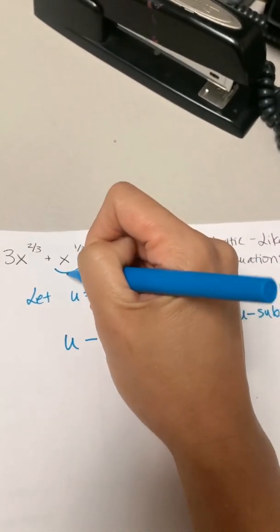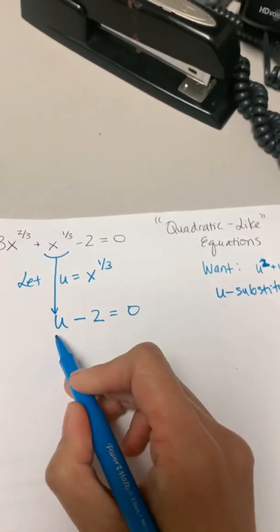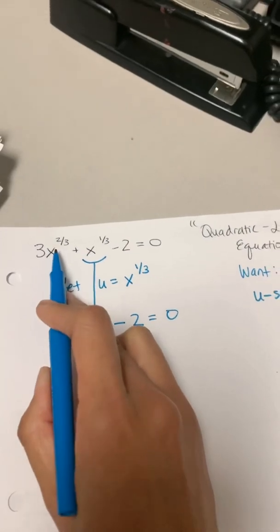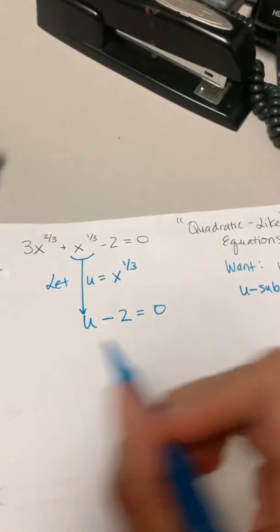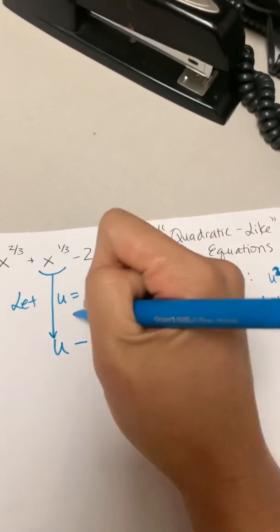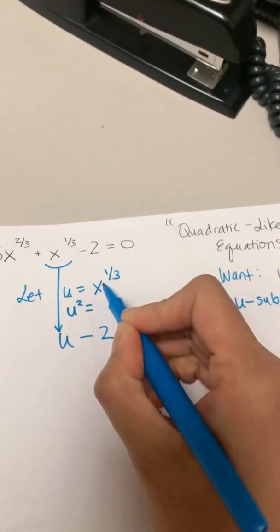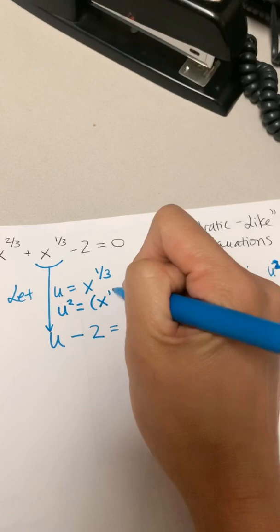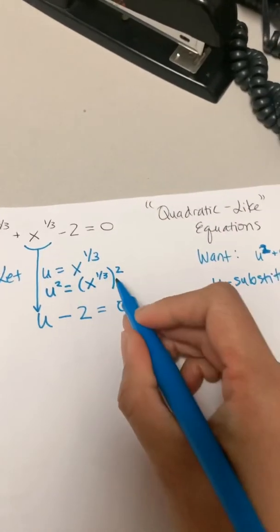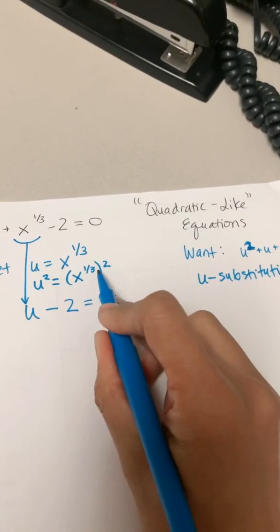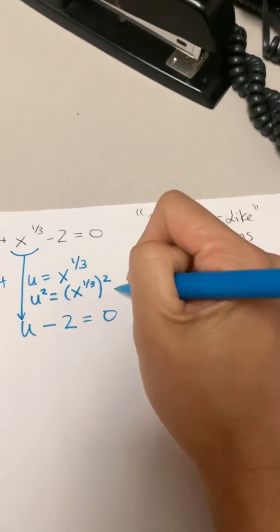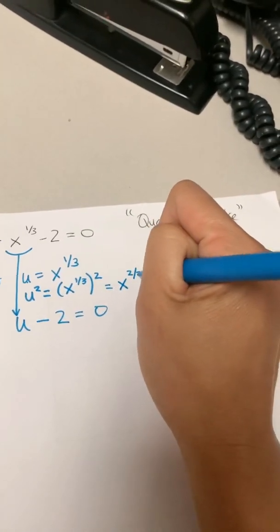So this becomes u. Now the question is, x to the 2/3, what is that? What happens to that? Well, check this out. If I square this term, x to the 1/3, using the power rule of exponents, you multiply the exponents, and you end up getting x to the 2/3.